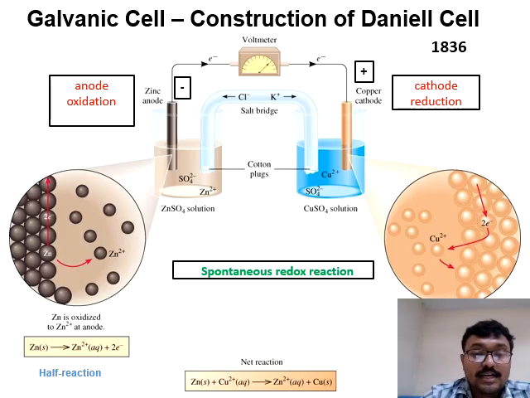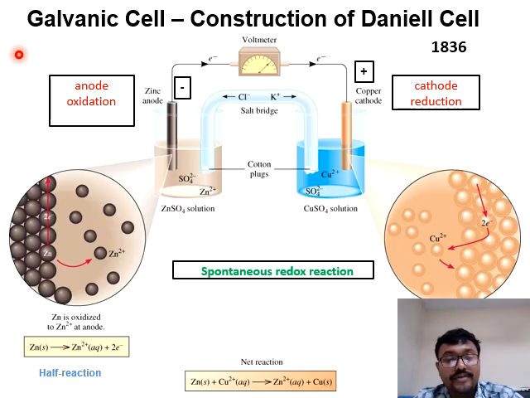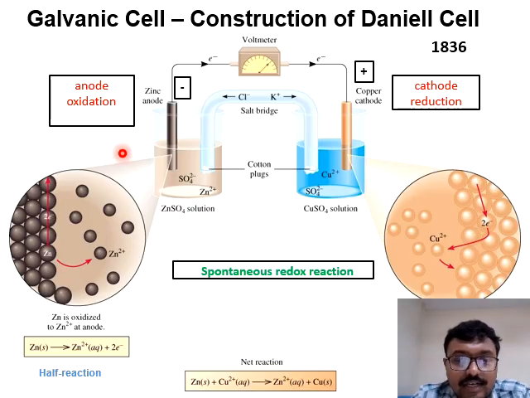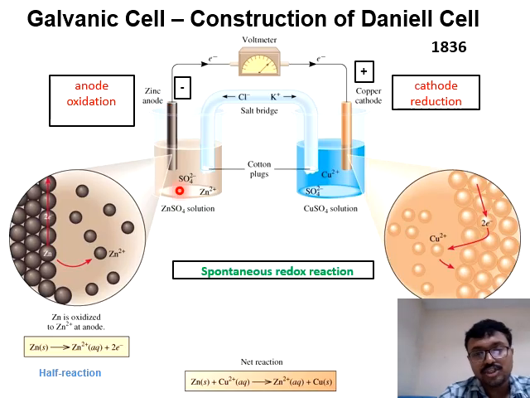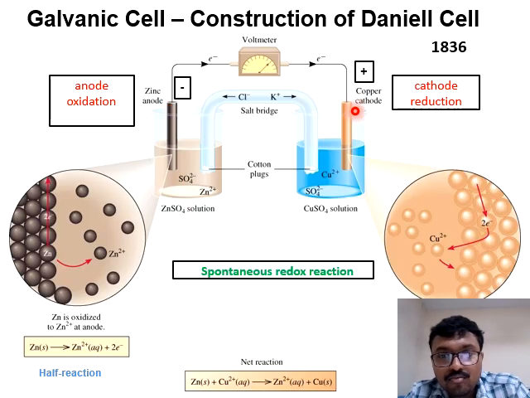Next, this is the diagram of a galvanic cell. This is a galvanic cell with a zinc rod immersed in a zinc sulfate solution, and here a copper rod immersed in a copper sulfate solution.